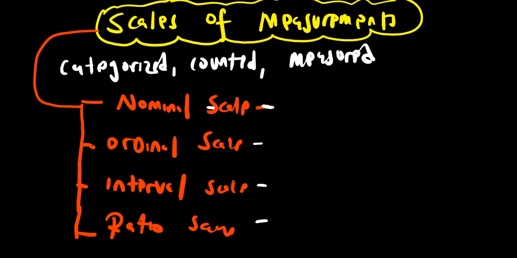Now the nominal scale classifies data into mutually exclusive categories. When you're classifying data using the nominal scale, it means there's no order of ranking. For example, can you rank marital status?